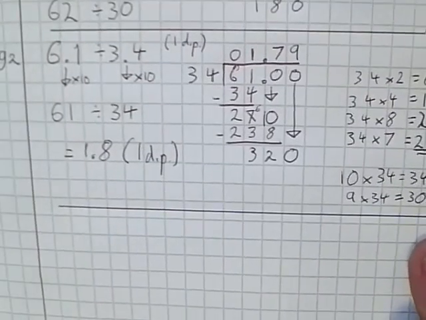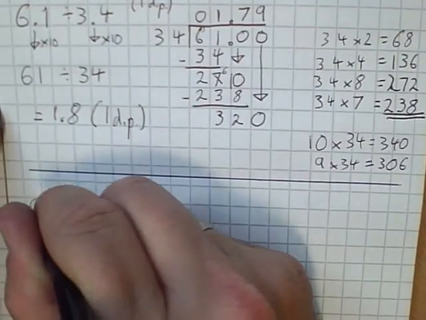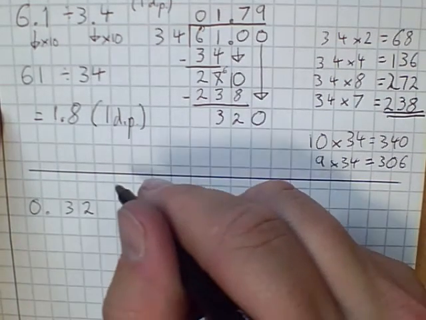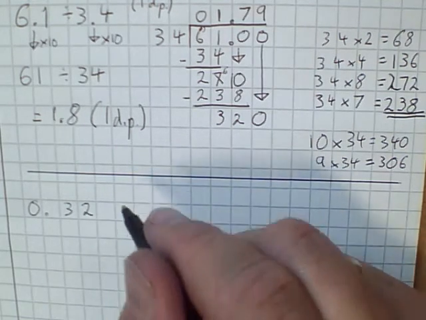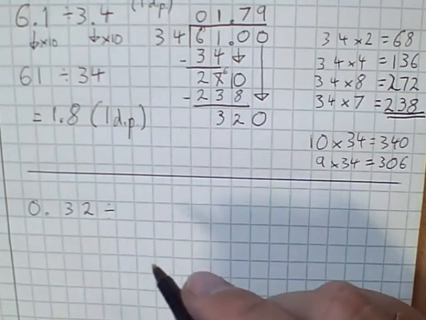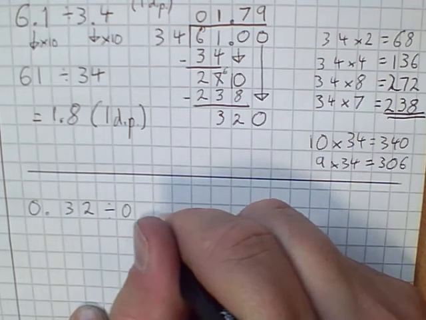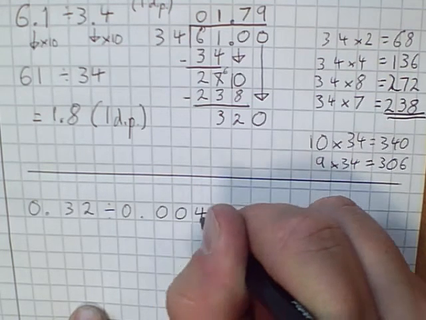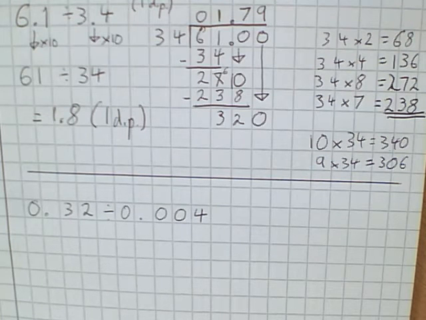Okay, so what if I have something like this? 0.32 divided by 0.004. Well, this one looks tricky to begin with.